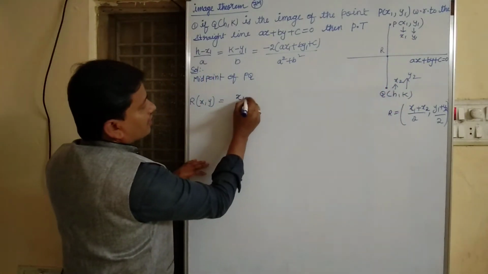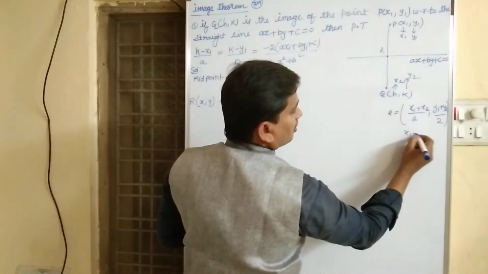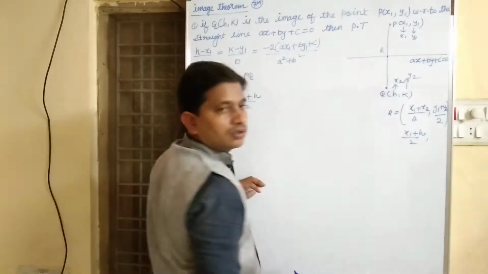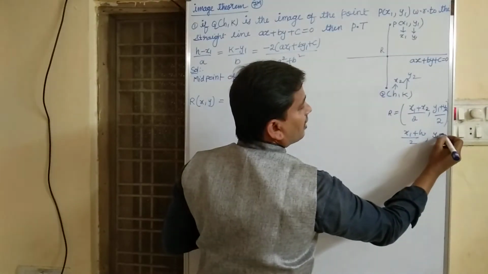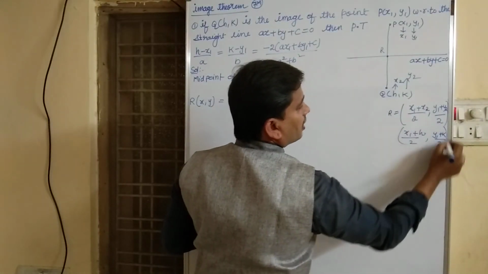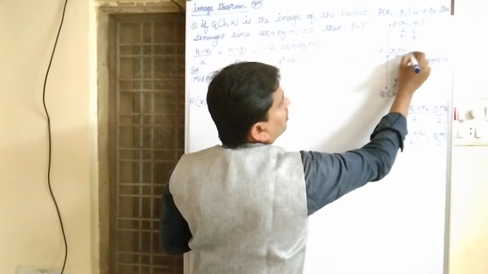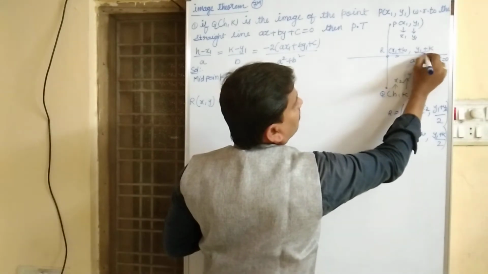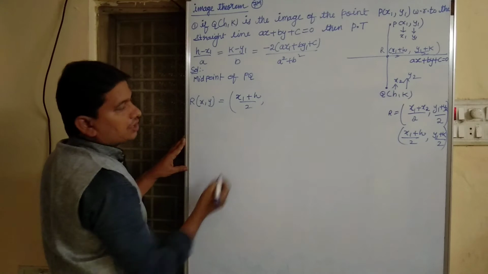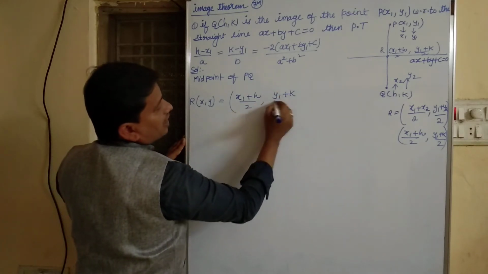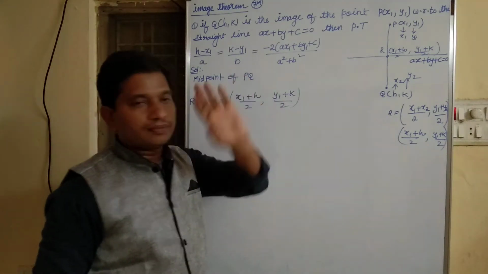So x1 plus h by 2 comma y1 plus y2 by 2, I mean y1 plus k by 2. This is our point R, x1 plus h by 2 comma y1 plus k by 2. This is our midpoint of PQ, called R.